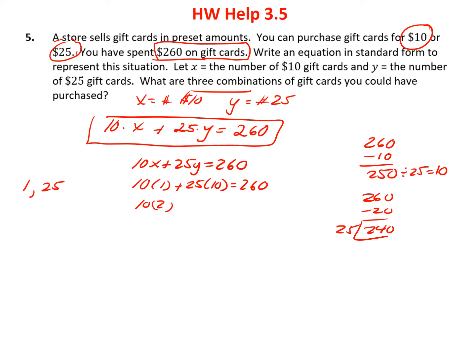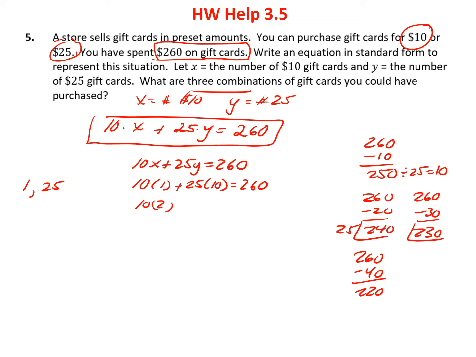Likewise, if I bought 3 of them, 260 minus 30 would be 230, and 25 doesn't go into that either. 260 subtract 40 is 220, and again that doesn't go in there.